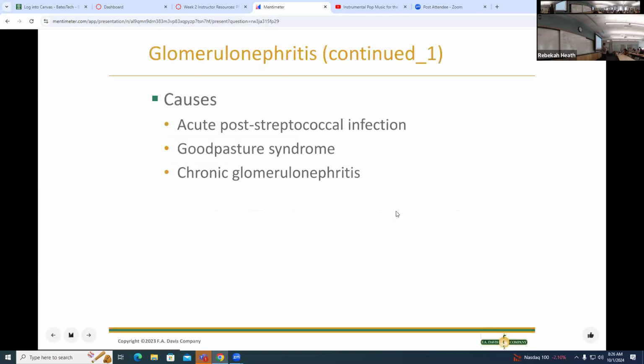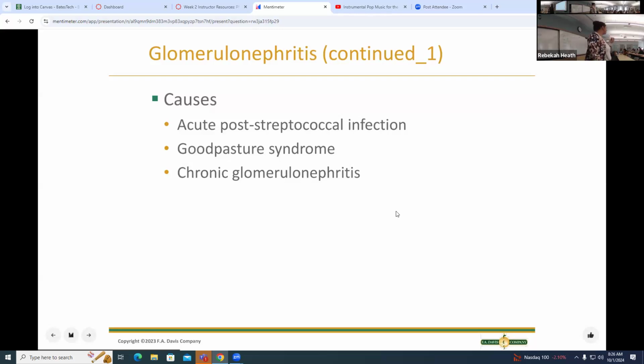Why do patients have this? Well, this is nice. At least it's not just high blood pressure causing all this damage that we can't reverse. But acute post-streptococcal infection: especially if you have a really bad strep infection, one that may be septic or goes to all of your body, patients can have glomerulonephritis. There's also Goodpasture syndrome.